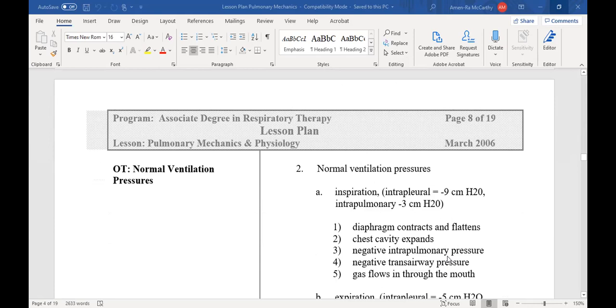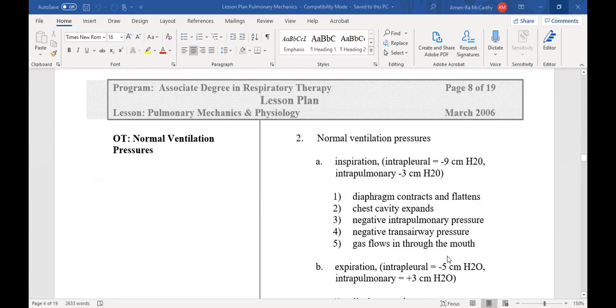Now, normal ventilation pressures. On inspiration, the intrapleural pressure is about -9 centimeters of water. And the intrapulmonary pressure is about -3 centimeters of water. On inspiration, when you take a breath in, the pressure in the pleural space is about -9, and the intrapulmonary, which is inside the lungs, is -3.